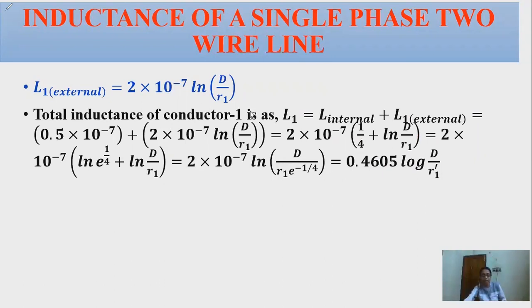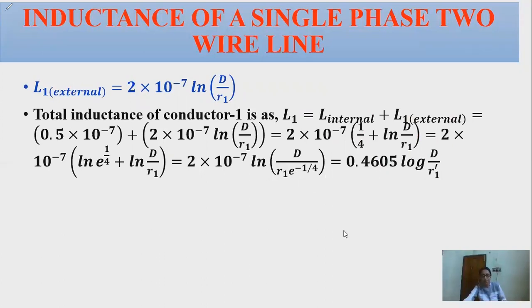That can be simplified further as 2 into 10 to the power minus 7 times (1 by 4 plus ln D by R1), which equals 2 into 10 to the power minus 7 times (ln e to the power 1 by 4 plus ln D by R1), and further it can be expressed as 2 into 10 to the power minus 7 ln D by R1 into e to the power minus 1 by 4.